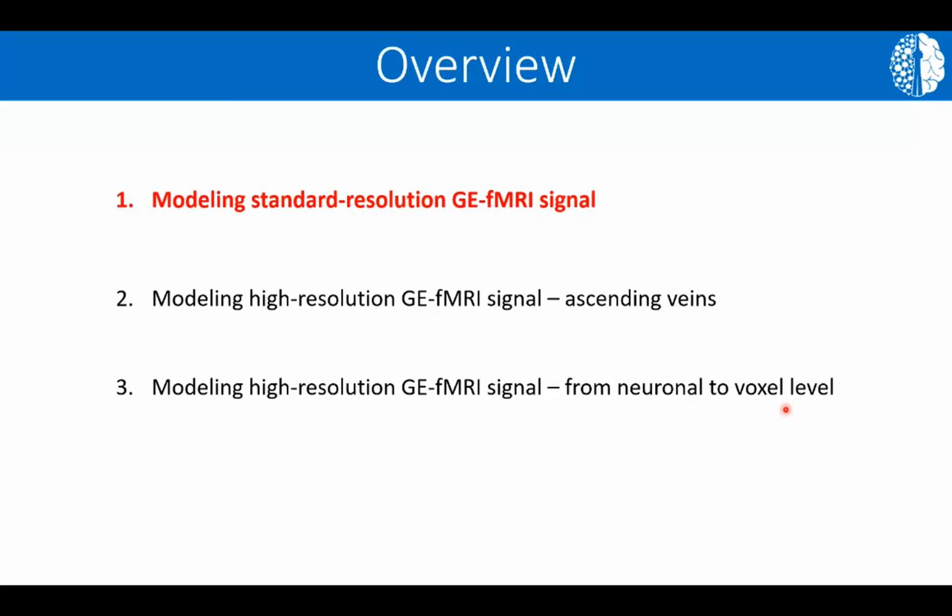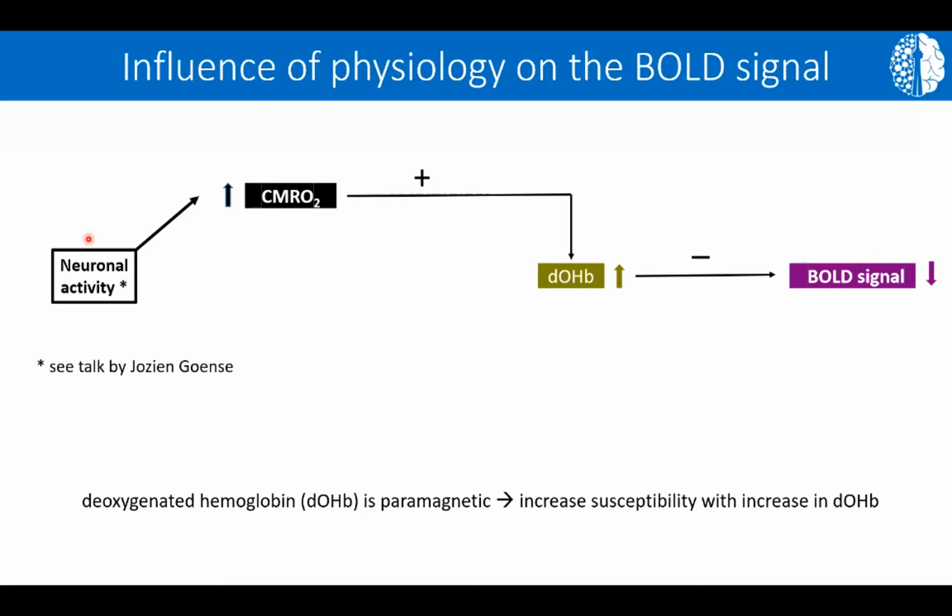Okay, modeling the standard fMRI signal. Just as a reminder, we have neuroactivity, and we have heard a very nice talk by Josine about how neuroactivity itself is a very complex notion. It changes oxygen metabolism. Oxygen metabolism increases the amount of deoxygenated hemoglobin, and deoxygenated hemoglobin is paramagnetic, which decreases the bold signal.